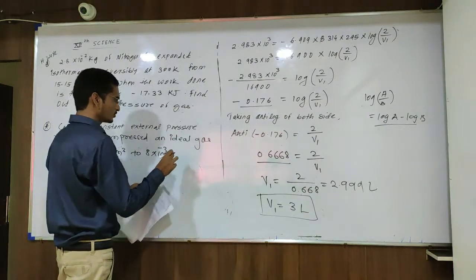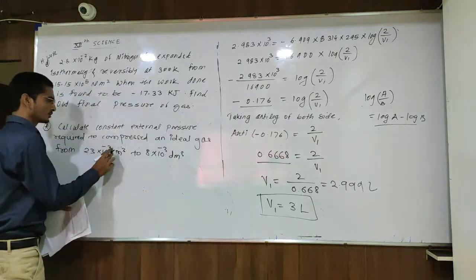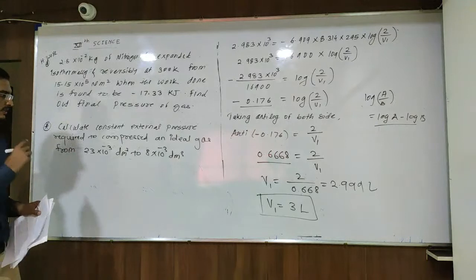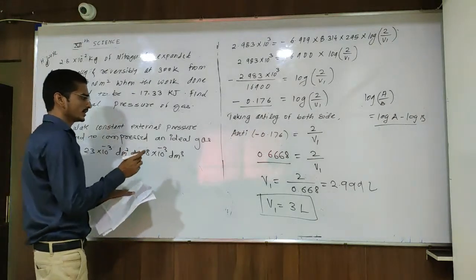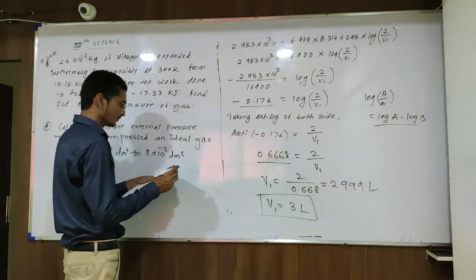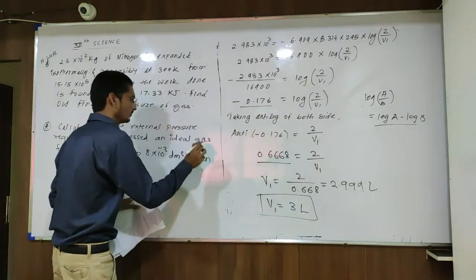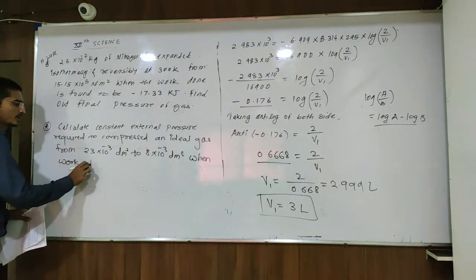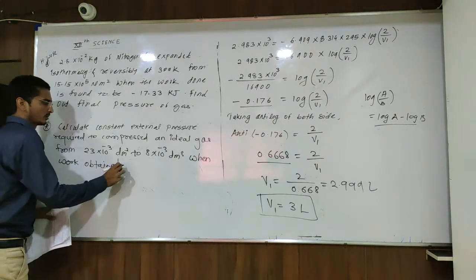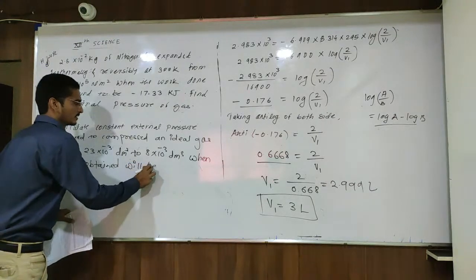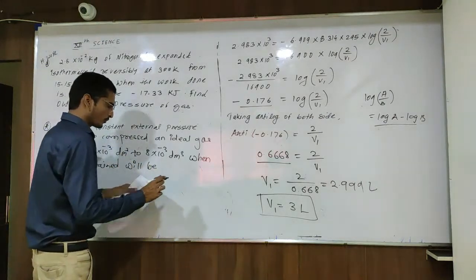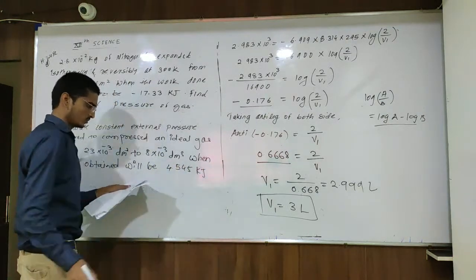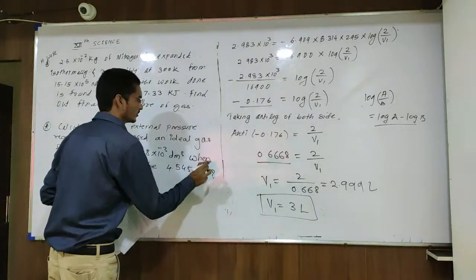Here the volume should be dm cube. So 23 into 10 raised to minus 3 dm cube to 8 into 10 raised to minus 3 dm cube, when work obtained will be 4.545 kilojoule. That is the question.